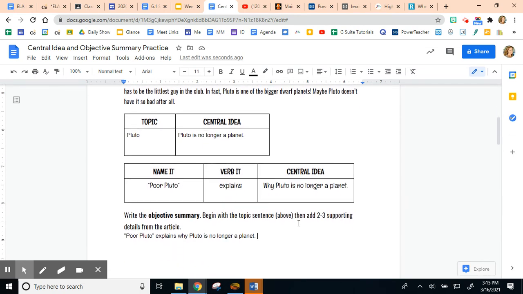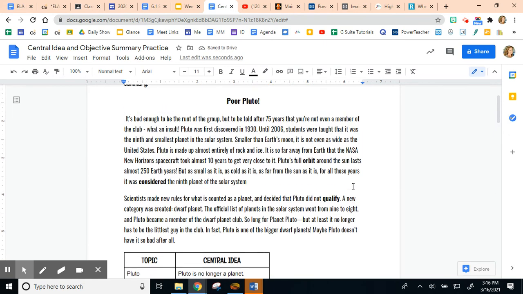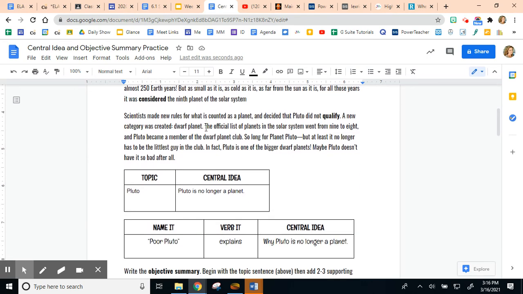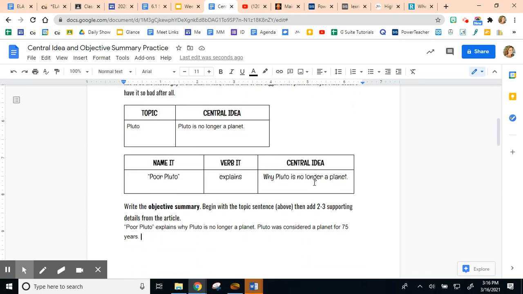Sorry, somebody came in my room and interrupted me, so I sounded funny for a second. So I would say Pluto was considered a planet for 75 years. And then I will go back up and let's see what's another important detail. Then I would probably say scientists made new rules for what was considered a planet.